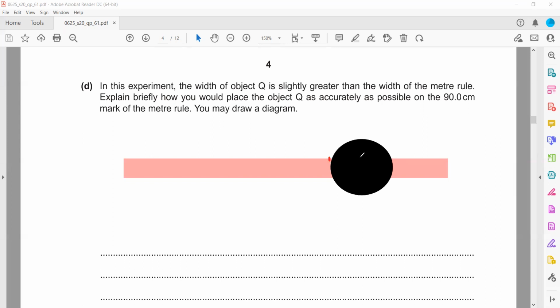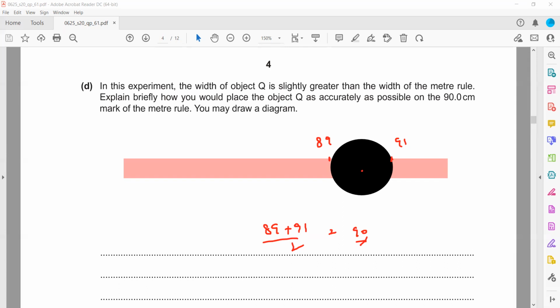We will measure the readings before and after and take an average. For example, one reading is 89 and another is 91. When I take the average of the two readings before and after, that will give us the position of the center.